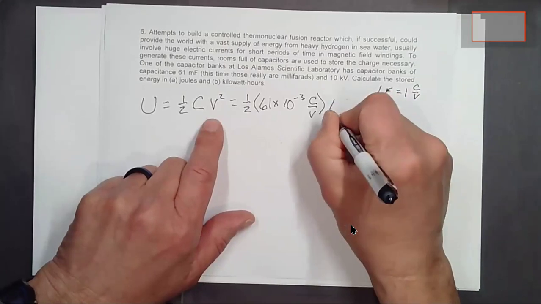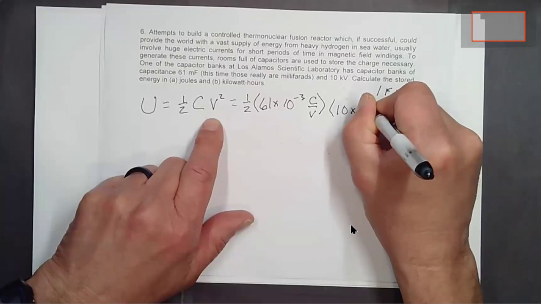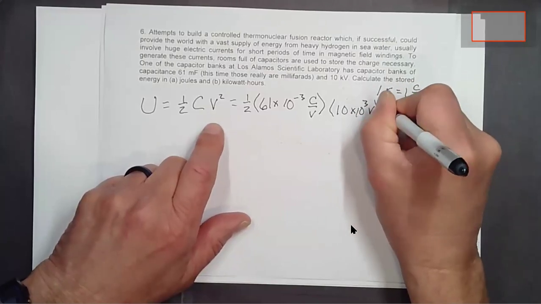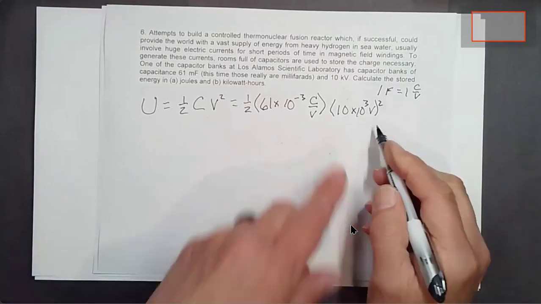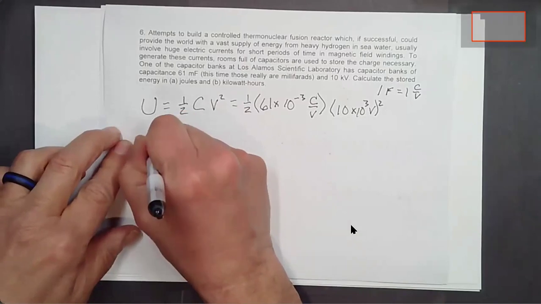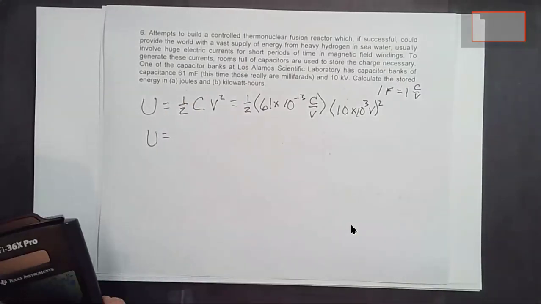And then I'm multiplying by 10 times 10 to the third volts, and I square that. When you square that, you're going to get 100 million volts squared. So this will be a little bit more energy, and let's see how much it happens to be.